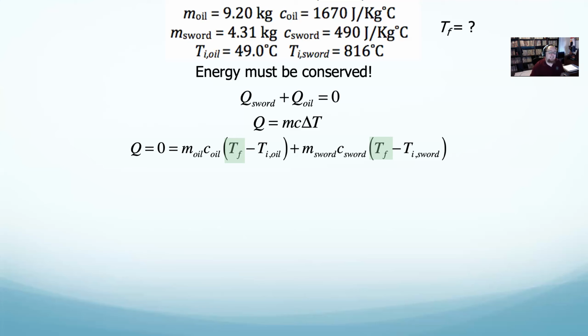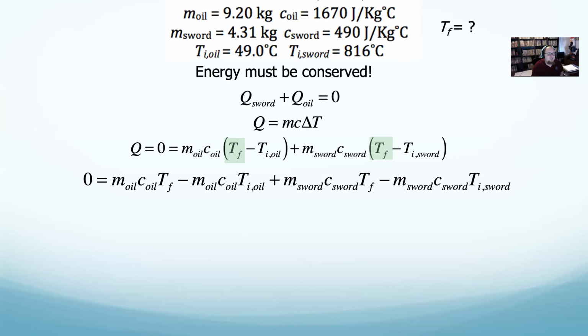What I'm going to do to get T final alone is factor out the parentheses. Then instead of m_oil c_oil times the parentheses, I'm going to do m_oil c_oil times T final, m_oil c_oil times negative T initial oil. And I'll factor them all out.